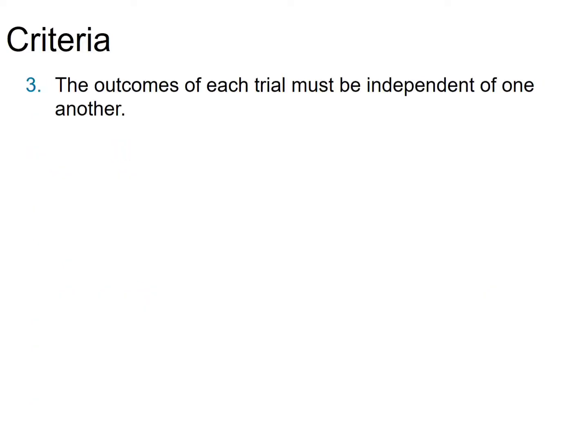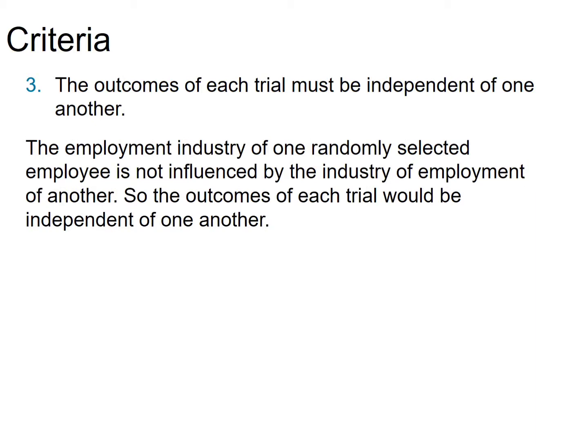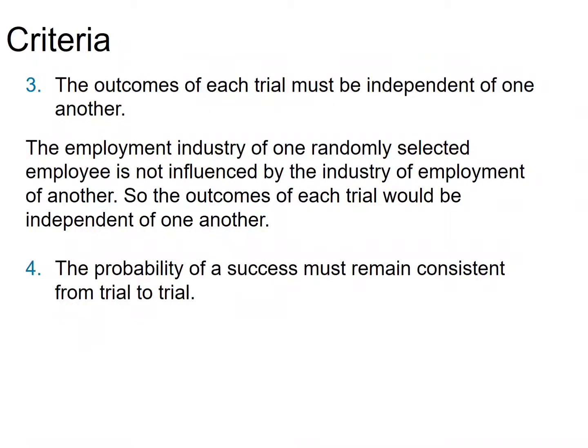Next, the outcomes of each trial must be independent. They are clearly independent. Just because somebody is employed does not change the fact that the other person is not employed or whatnot, right? They do not influence one another. And the last, the probability of success must remain consistent from trial to trial.